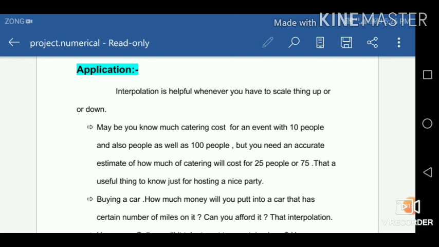Here is an example: a party. Maybe you know how much catering costs for an event with 10 people and also 100 people, but you need an accurate estimate of how much catering will cost for 25 people or 75. That is a useful thing to know just for hosting a nice party.